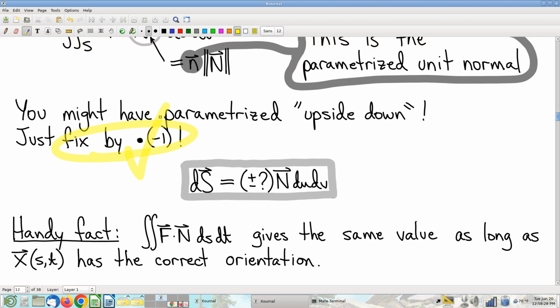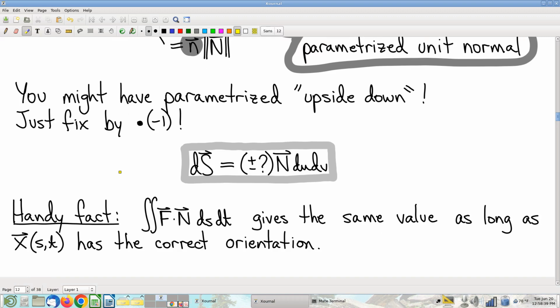And I think this is by far the easiest way to proceed. Yeah, question? How would you know if you... Yeah, totally. I'm going to get there next, absolutely. So that's my advice. Good news, by the way, this is the only issue with parameterizations other than this orientation issue.